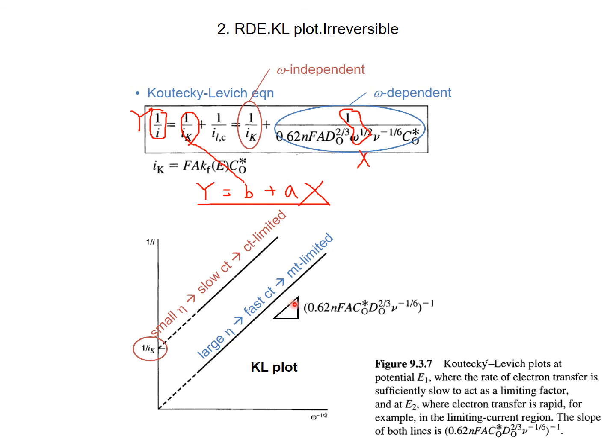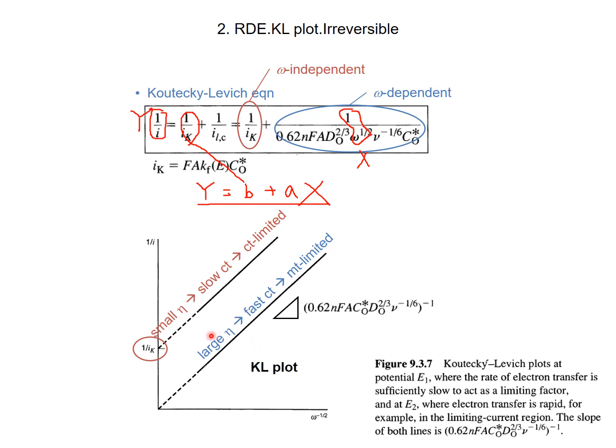From the slope, we could calculate the value of 1 over 0.62 nFA times the diffusivity to the 2/3 times the kinematic viscosity to the minus 1/6 times the bulk concentration. So, if you know N, F, A, C0 star, and the kinematic viscosity, you could calculate the diffusivity.